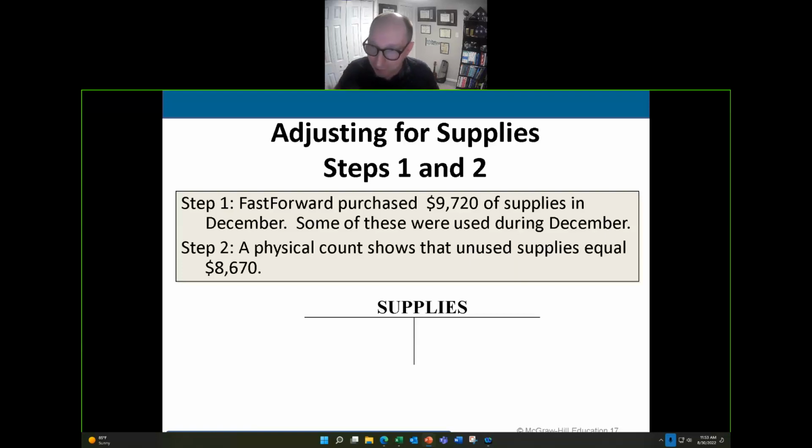The supplies that you're going to use up. And so you made a big purchase in December. You're like, you know what? I'm going to get ahead of the game. Let me purchase all my ingredients in December for the year or for a couple of months. So we purchased $9,720 worth of supplies in December.